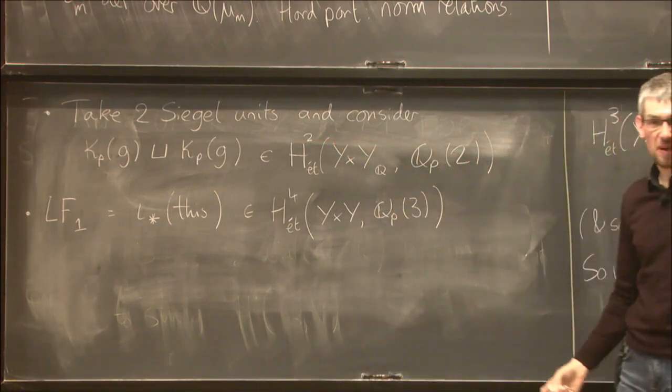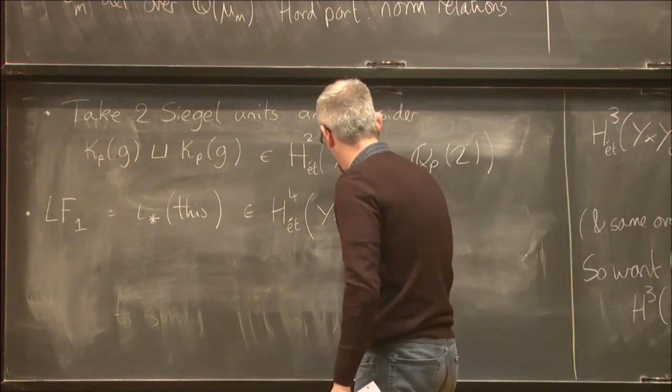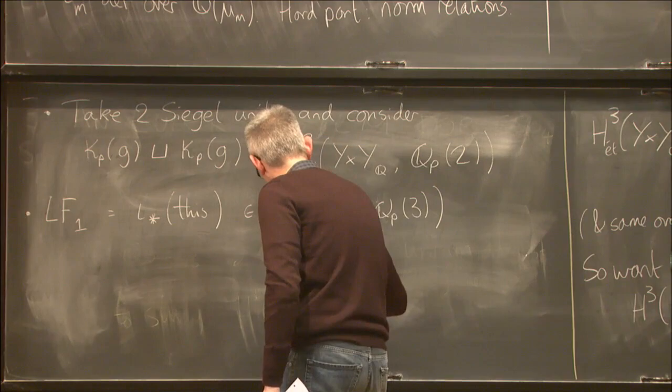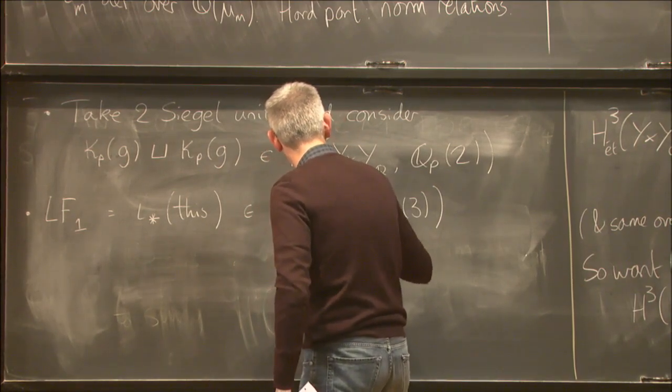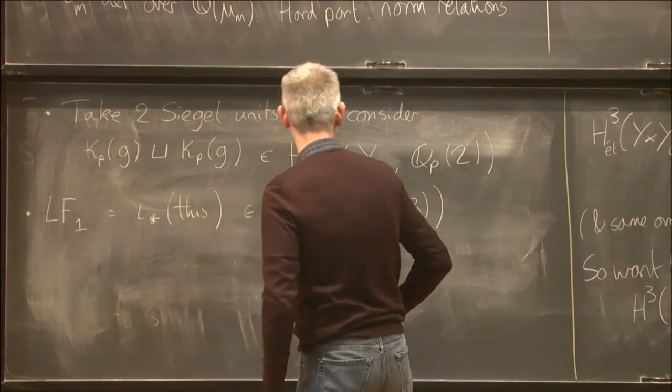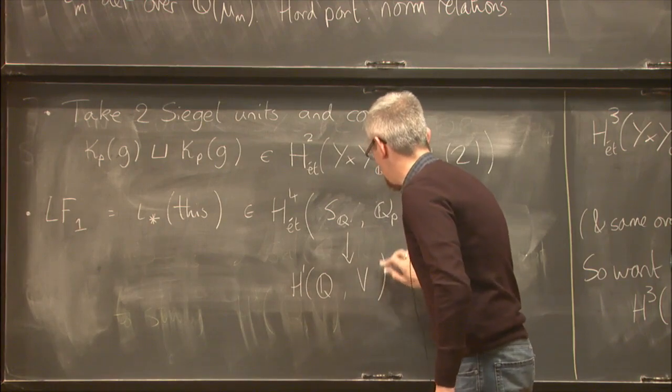And we're in precisely the space that we want to be in, because this is going to map to H1 of S. Sorry, that should have been S. Thanks to whoever shouted that out. It's S over Q. And that maps to H1 of Q, V.